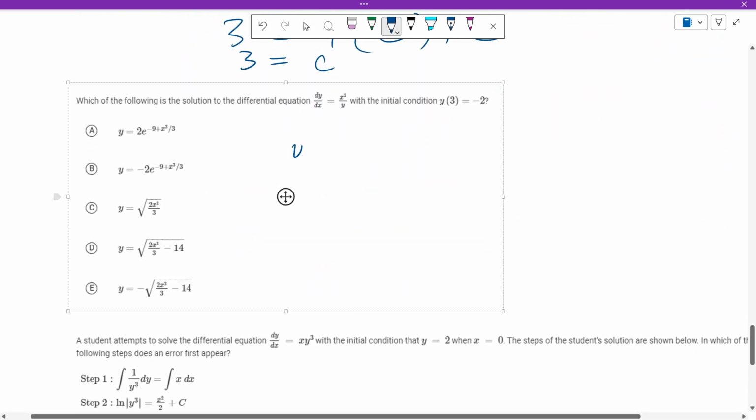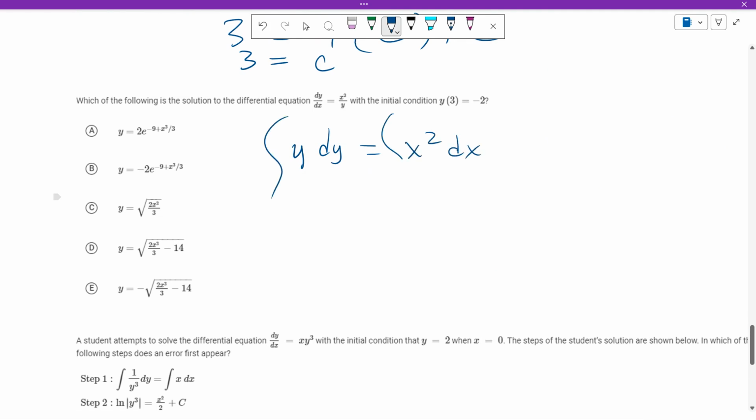For this one, y dy equals x squared dx. So if we integrate, what do we get on the left side? One half y squared. The right side, 1/3 x cubed plus c. So what do we do with both sides?